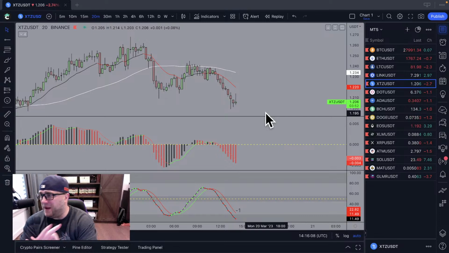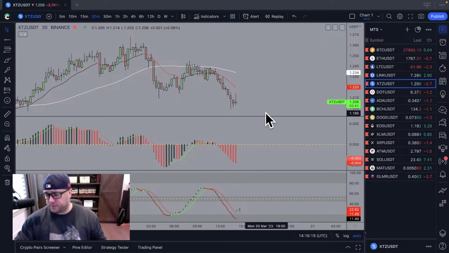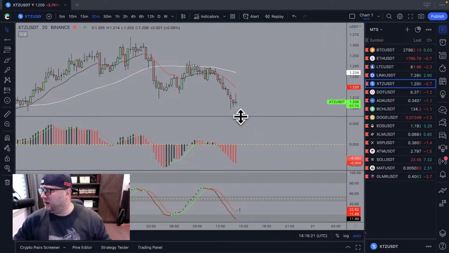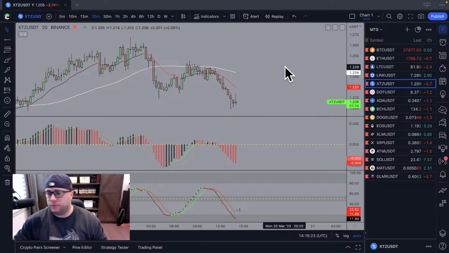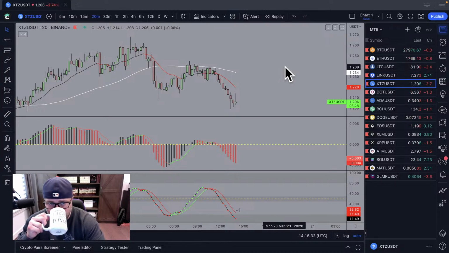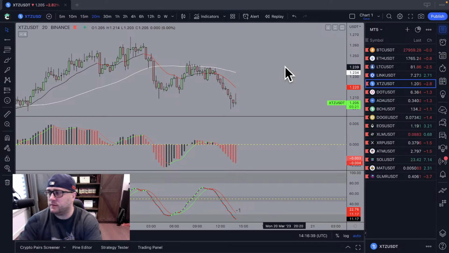Candlestick patterns are amazing to use, but that doesn't mean they're going to be perfect. Momentum has a better chance, and momentum will always lead price action. So price action to me is not king, it's second to the king, which is momentum, because momentum always goes first. I shouldn't say always, maybe 99% of the time it does.